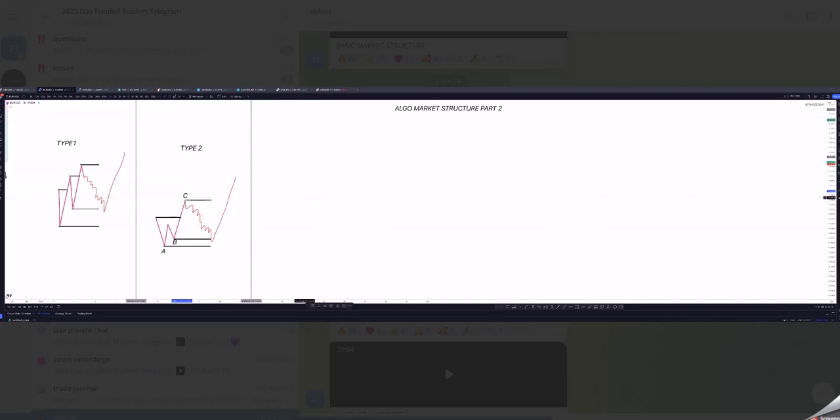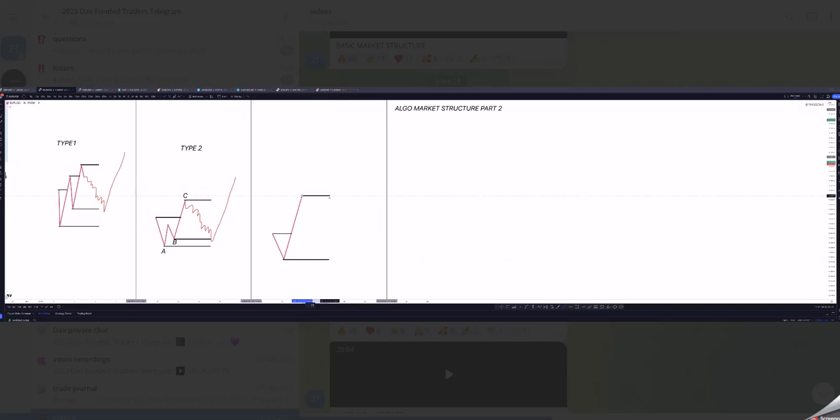Now for type 3, we have price do something like this. We have price give us a break. Remember, according to the basic market structure, this low to this high is a swing structure.